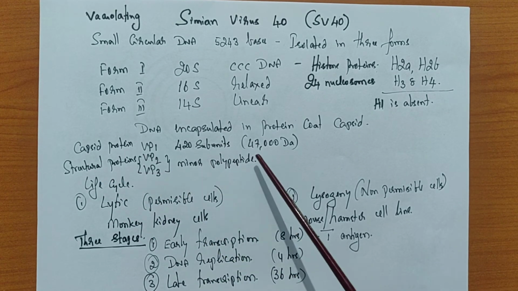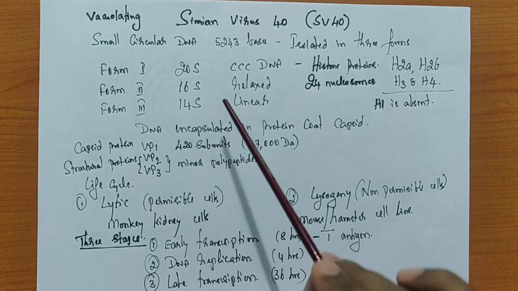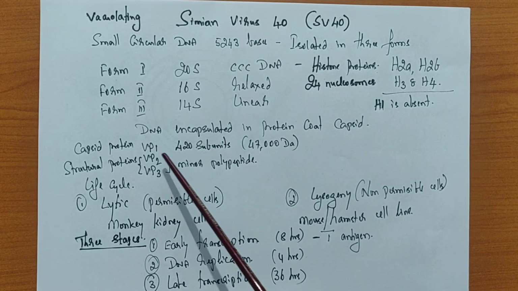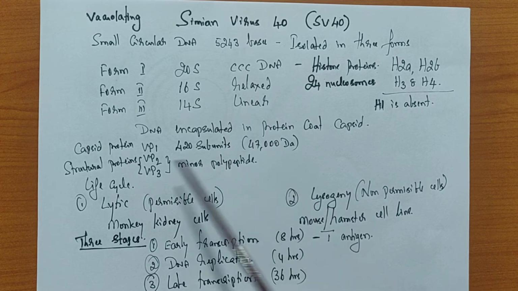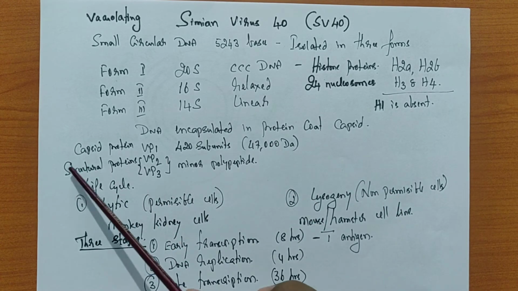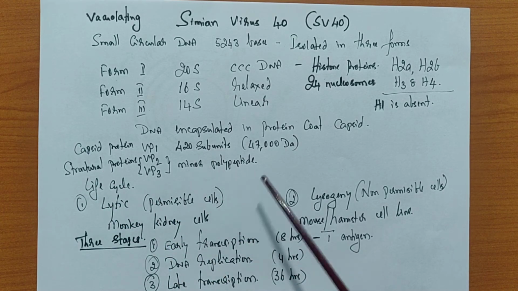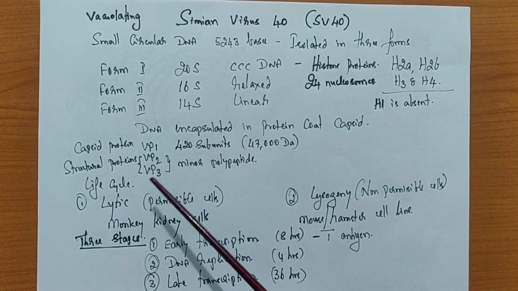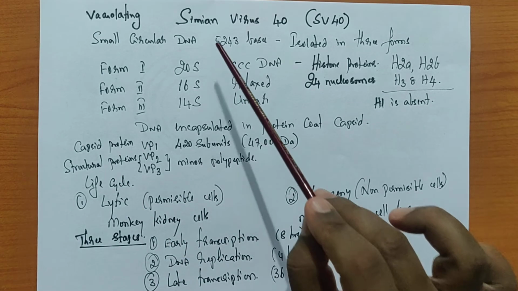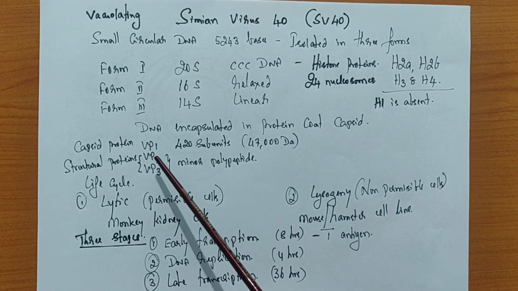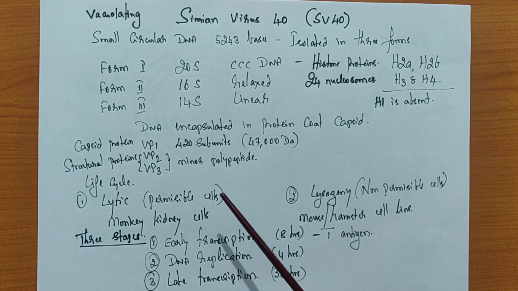The size of this VP1 is 47,000 Dalton, and in SV40 we have 420 subunits of VP1 protein. Then we also have a small amount of structural proteins, or minor polypeptides, VP2 and VP3. So this is the overall structure: there is a circular DNA and a capsid protein, and the genetic material is encapsulated into that.